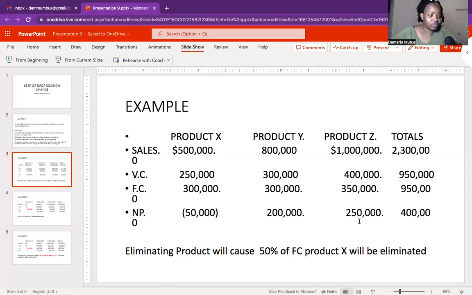Because we know at the end of the day, as an organization, we need to be posting better figures. We need to make sure that the organization is better off in terms of profitability. So basically, that is how you look at keep, hold, drop decision.